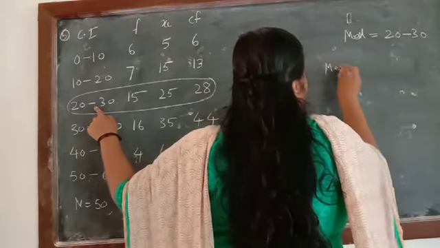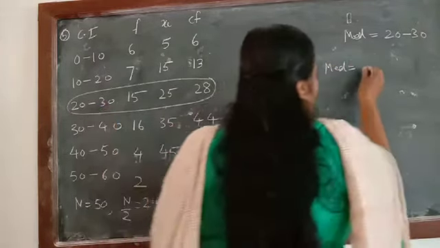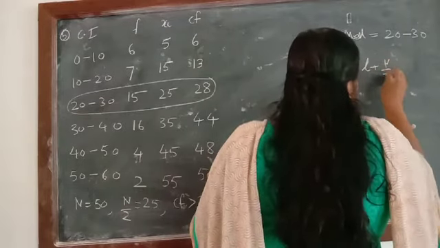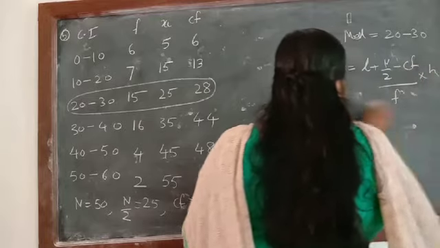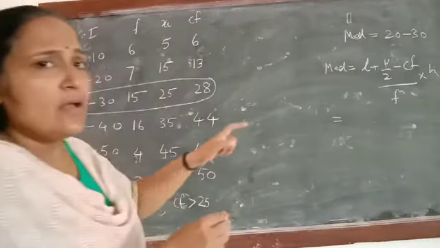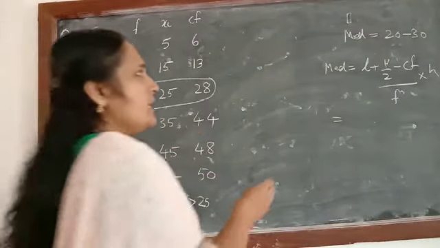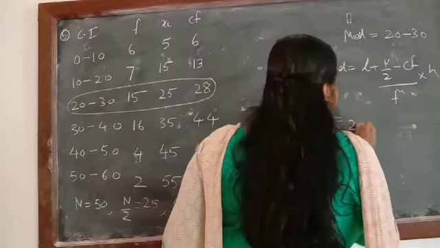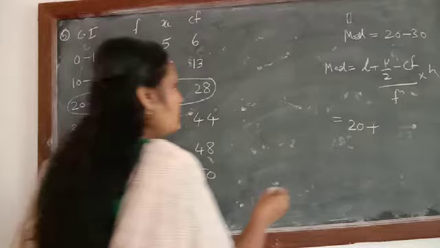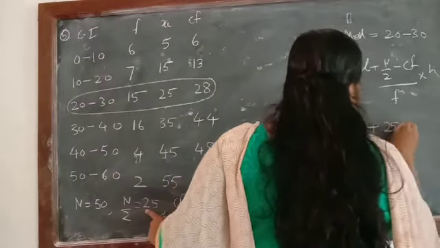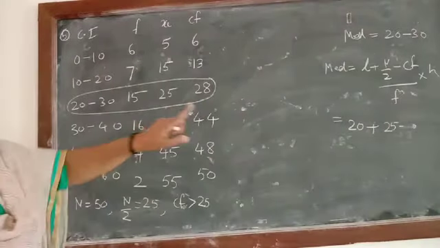Now we can calculate the median. The formula is L plus (n by 2 minus CF) by F into H. What is L here? Lower limit of the median class, and lower limit is 20. Just now we wrote here n by 2 is equal to 25 minus cumulative frequency.